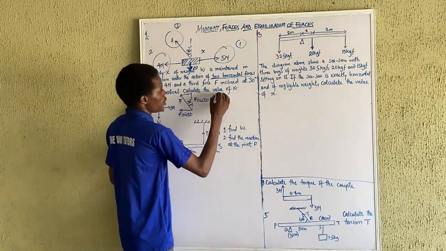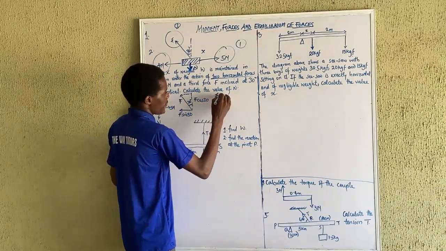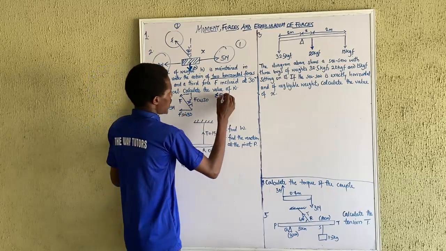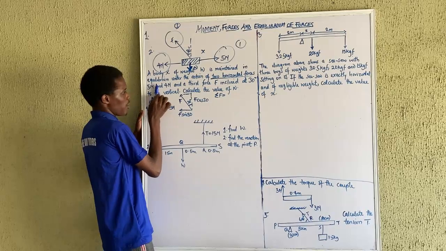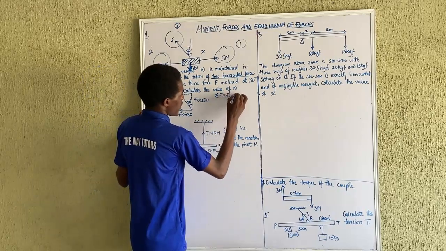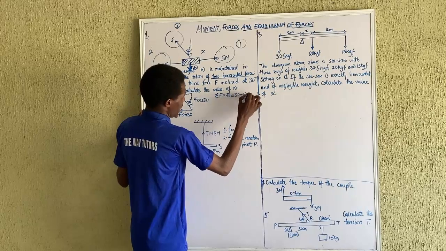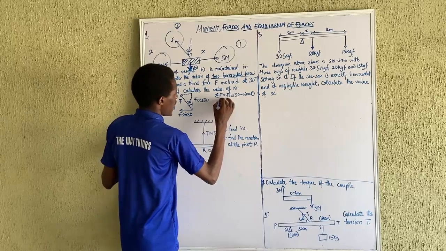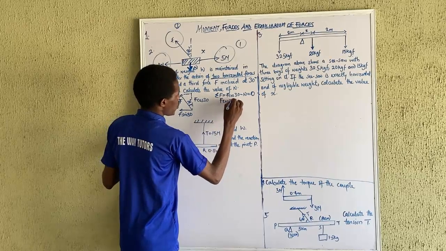Now, since it was W that we were looking for, summation F, considering the vertical forces, taking the upward one as positive. It simply means that F cos 30 minus W is in equilibrium, hence equals 0. That means F cos 30 equals what?